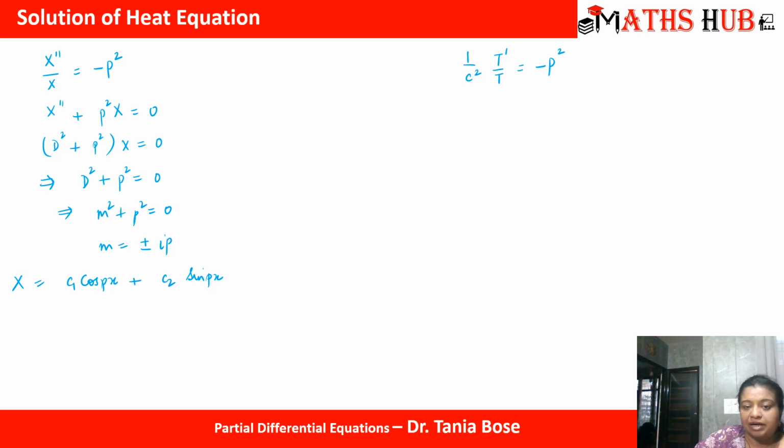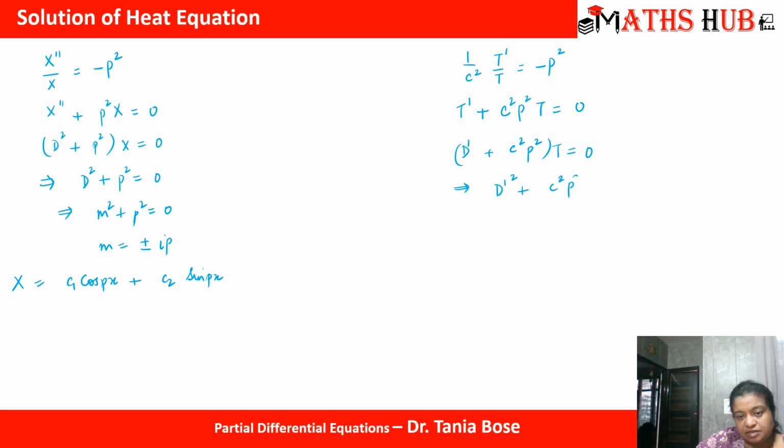Now let's take the case of t. So we will get t dash minus c, it will become a plus here, c square p square t is equal to 0. So d dash plus c square p square into t is equal to 0. So the auxiliary equation will become, sorry, it's not d dash square.